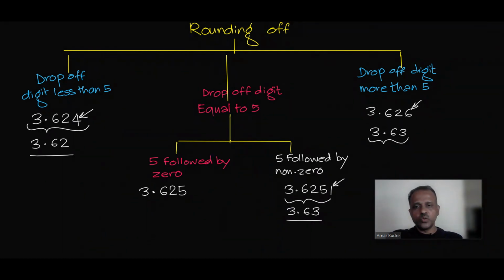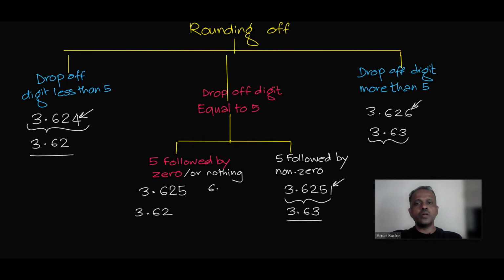So it is 5 followed by 0, or nothing. I'll repeat again, 3.625. What to do in this case? We have to check the digit preceding 5. Here it is an even digit, and for an even digit we keep the number as it is. So it remains 3.62 if you have to round off to two decimal places.